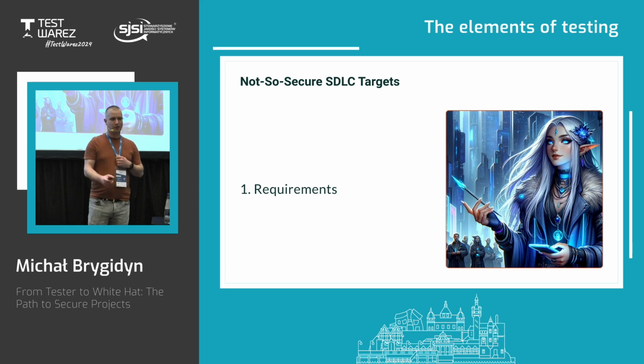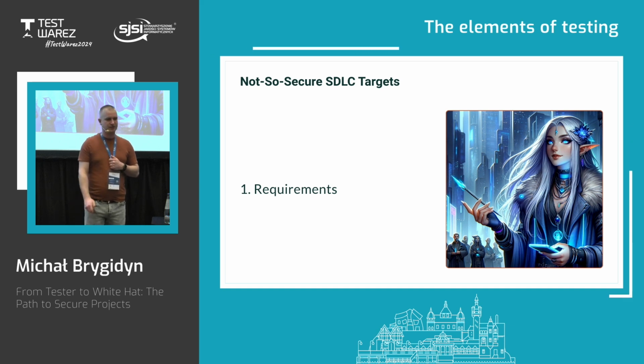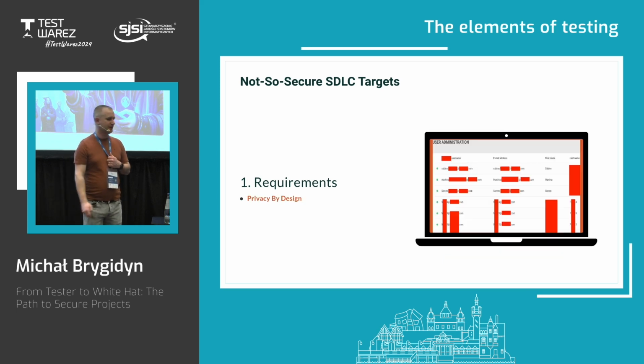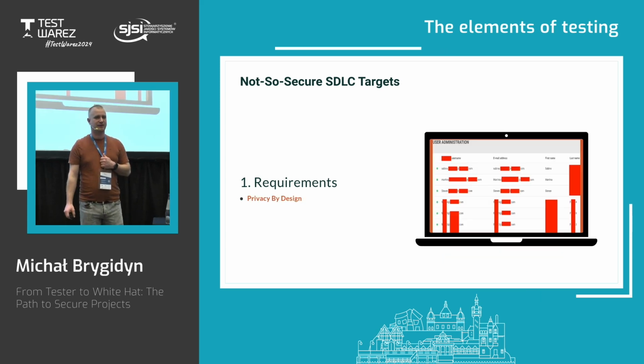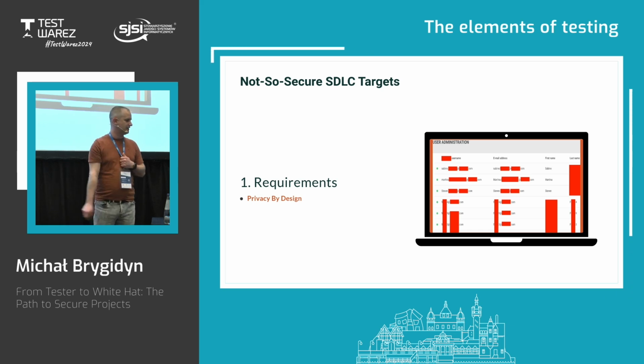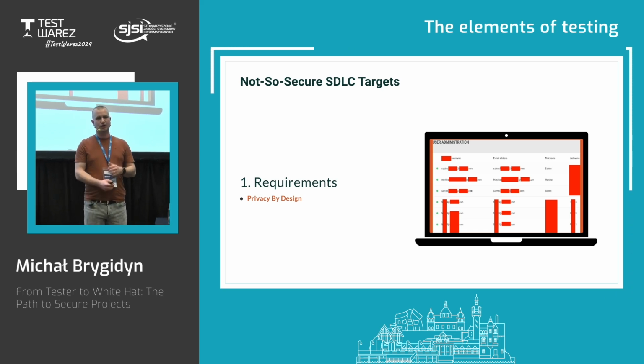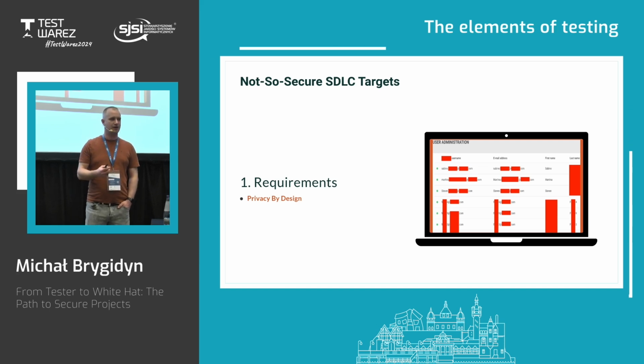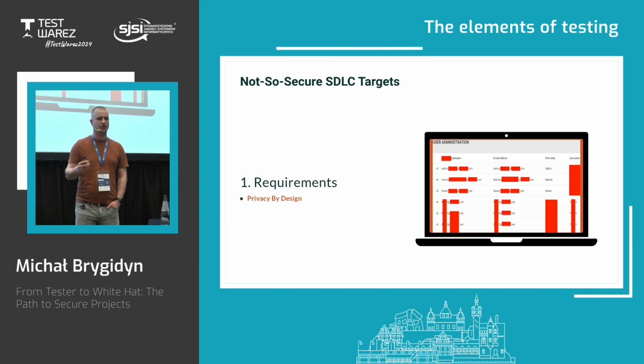First thing, requirements. On the requirement stage, we can already see if the team thinks about security from the very beginning. First of all, privacy by design. If there is a template like that showing a lot of data on one screen, it means that someone can take a screenshot, someone maybe can present this and have a call with someone else, then share full screen, and the whole screen will be visible.